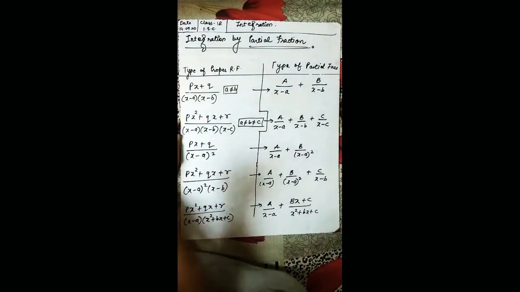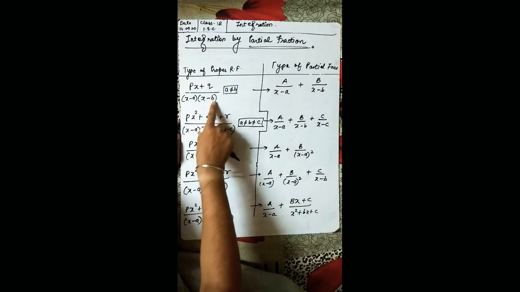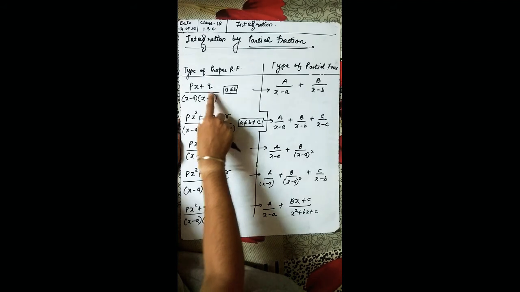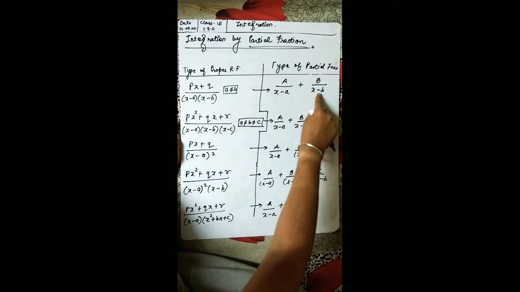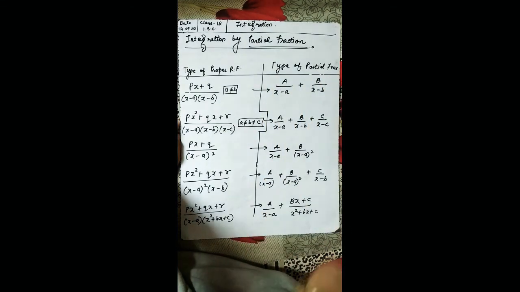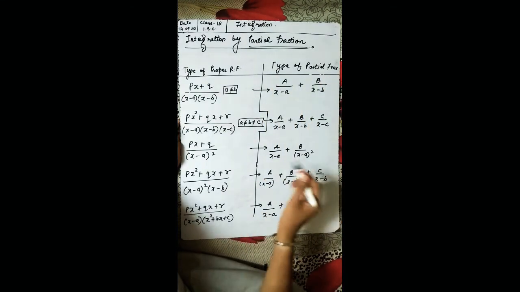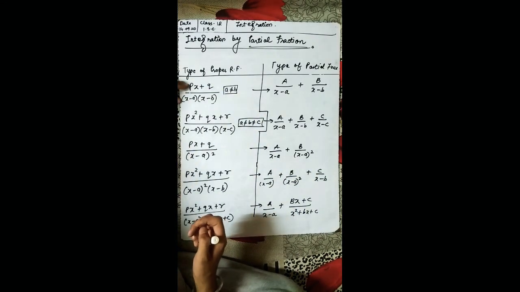If you have a case where you have (px + q) upon (x - a)(x - b), you can split that in two as A upon x - a plus B upon x - b, where capital A and capital B are only constant values. Such a form is called linear non-repeated.